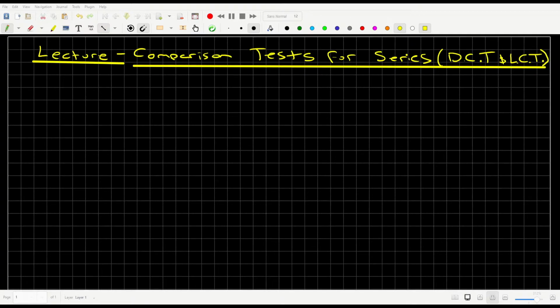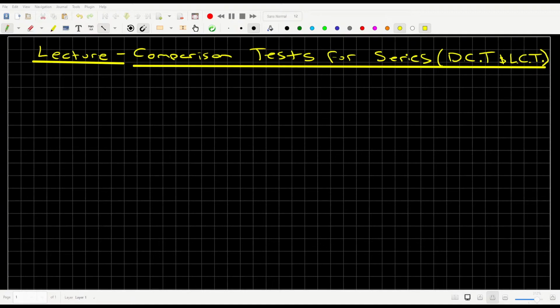These are the so-called direct comparison tests, the direct comparison theorem, and the limit comparison test, the limit comparison theorem. The wording of each of the tests is actually almost exactly the same as it was for the improper integrals of functions. But these are going to be for infinite series.